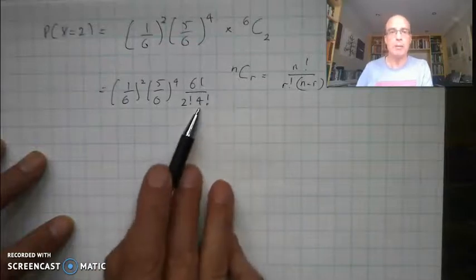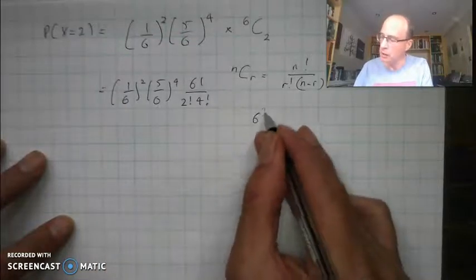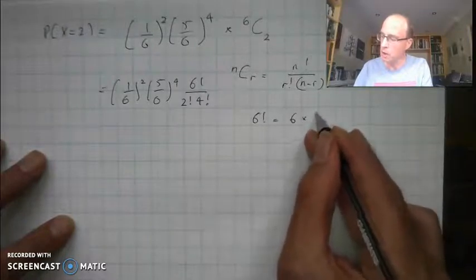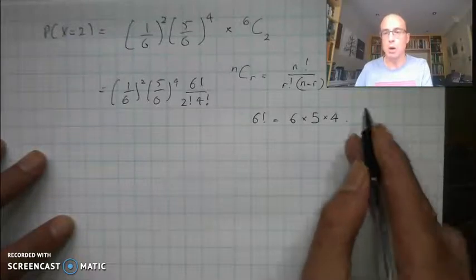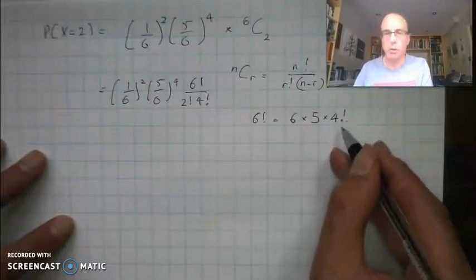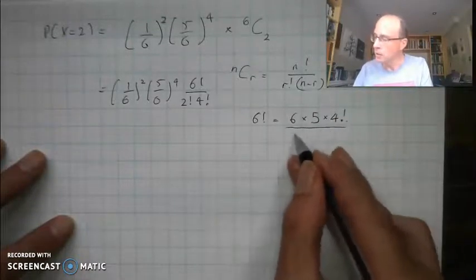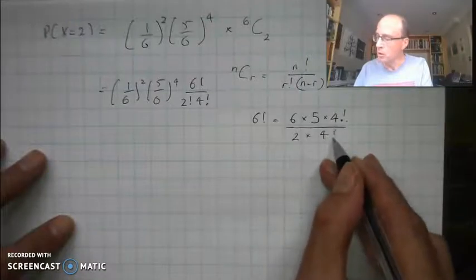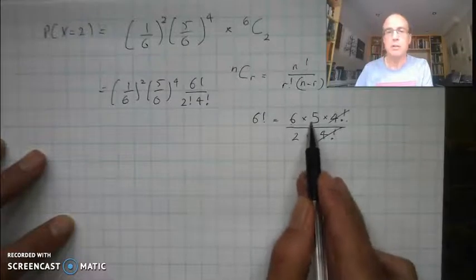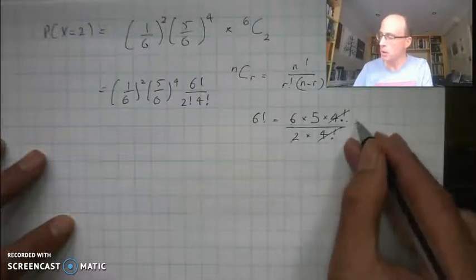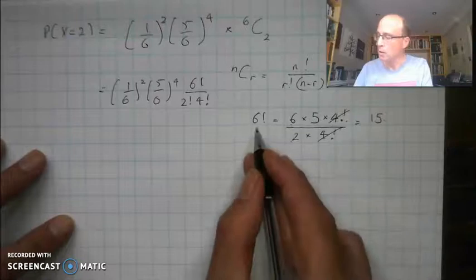I can simplify this down a little bit. Remember that 6 factorial is just equal to 6 times 5 times 4 times 3 times 2 times 1. That's just 4 factorial. And I need to divide it still by 2 times 4 factorial. These cancel. I've got 6 times 5 is 30, divided by 2, that's equal to 15.